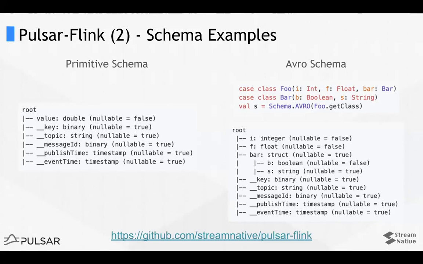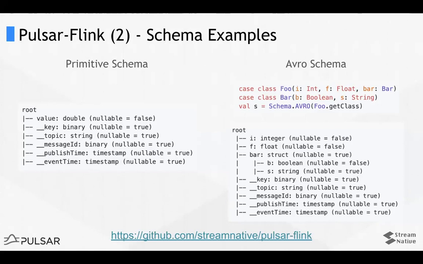When we map the struct schema into a Flink row, for the top level struct we map the fields directly. For any nested struct, we map the name with the parent, so in this example, referring to the S field in bar is bar.s.